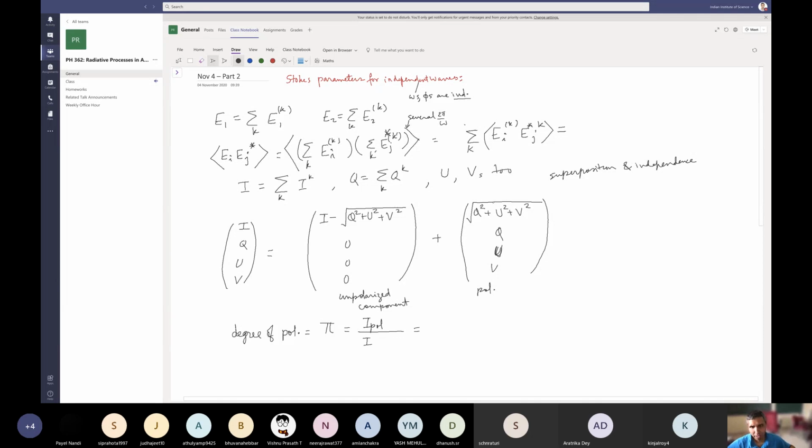So if you write it like this, this is the polarized intensity and this is the total intensity. So it is just the square root of Q squared plus U squared plus V squared divided by I. For unpolarized light, this is 0. For perfectly polarized light, this is 1.